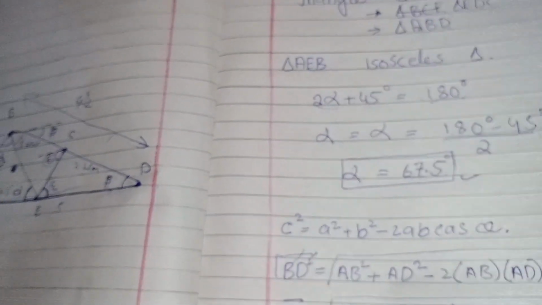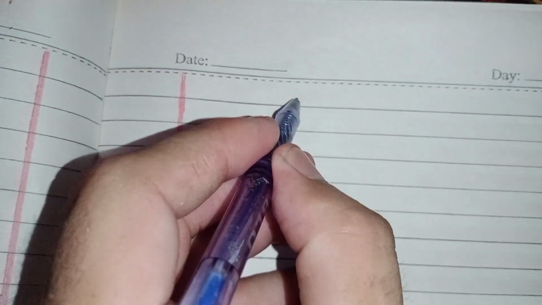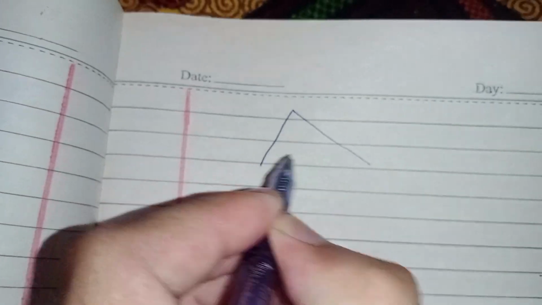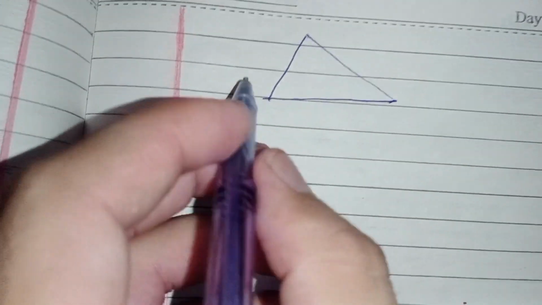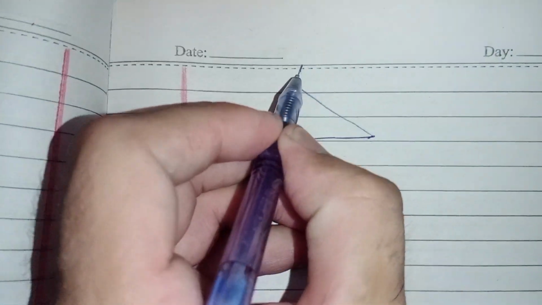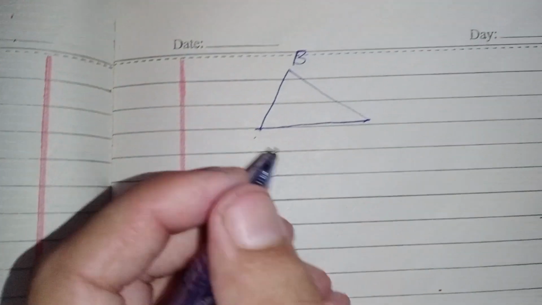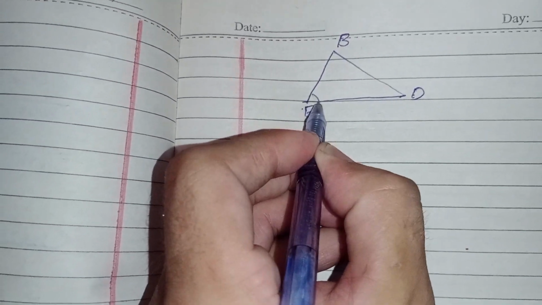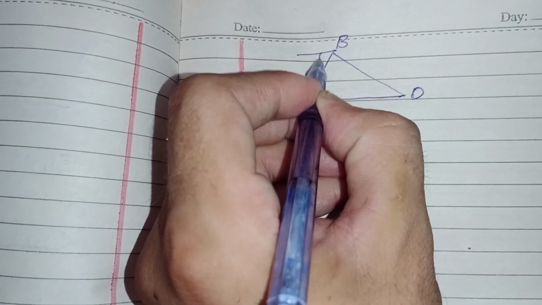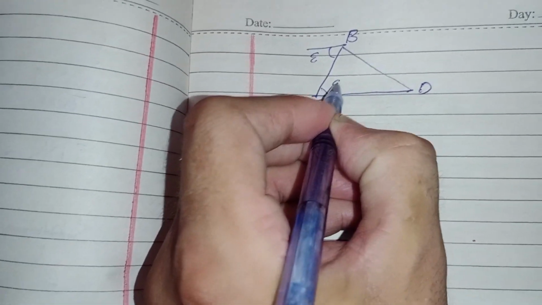So first of all I take this triangle, BDE, and this is Z. This is also Z.